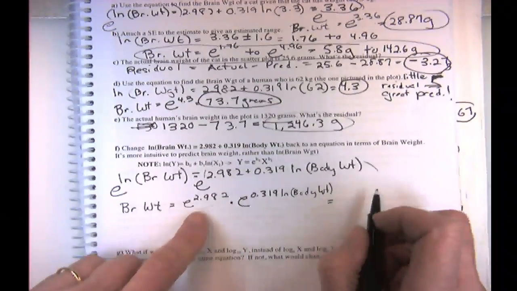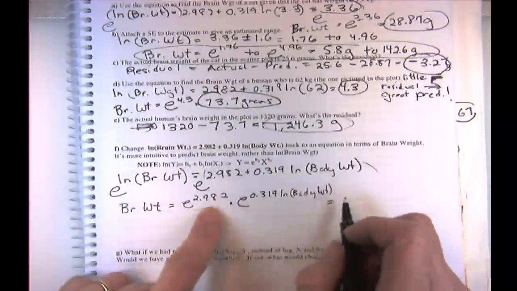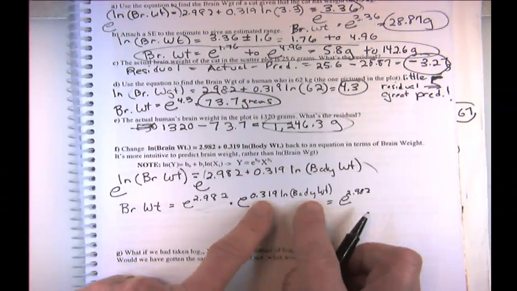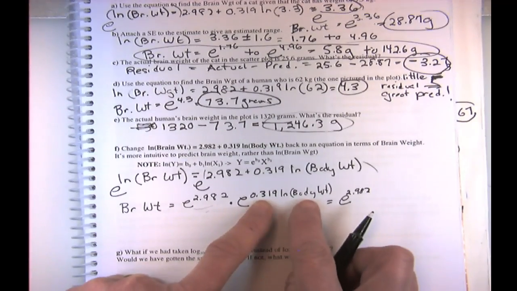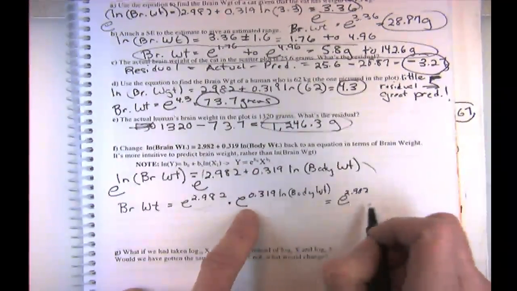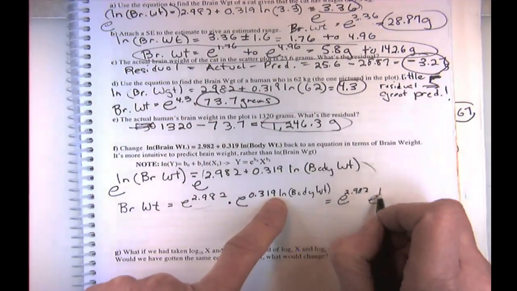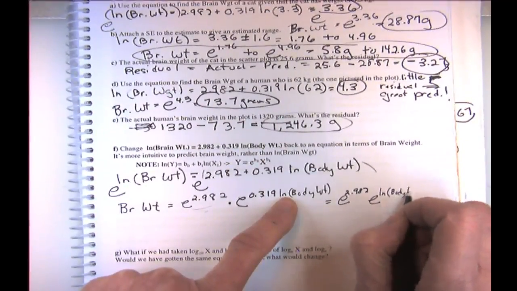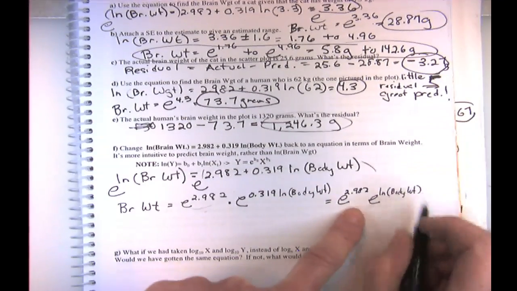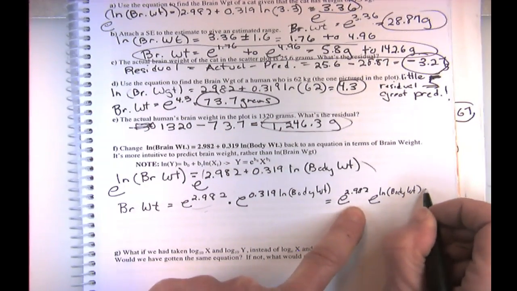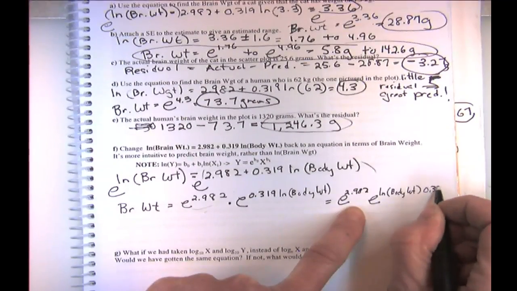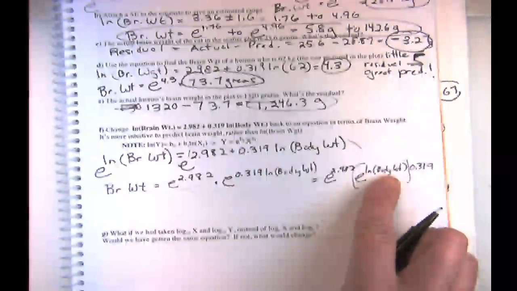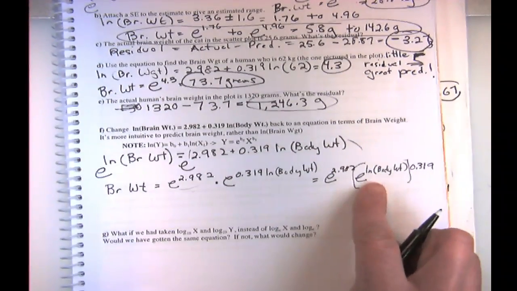Okay, so here we have the e to the 2.982. Now this is just commutative, we can just switch the order there. So we have e to the log of the body weight, raised to the 0.319. What is that? Well, that's just the body weight.